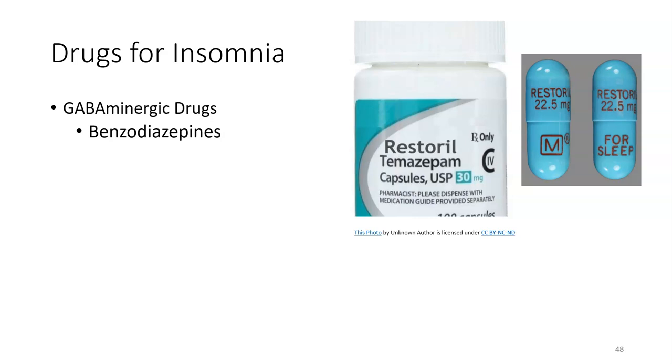These drugs, temazepam, which is known by the brand name Restoril, right, helps you rest. And even on the brand names, it has it typed on the label that it's for sleep. So the only indication for temazepam is insomnia.